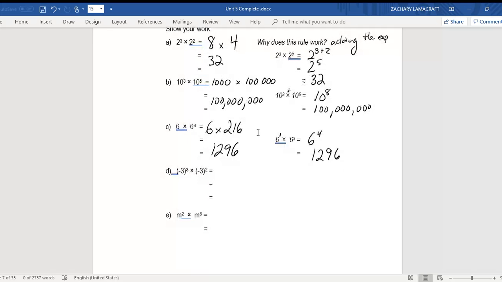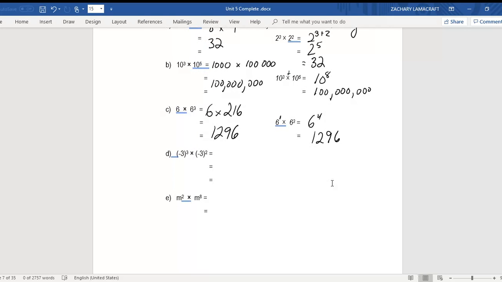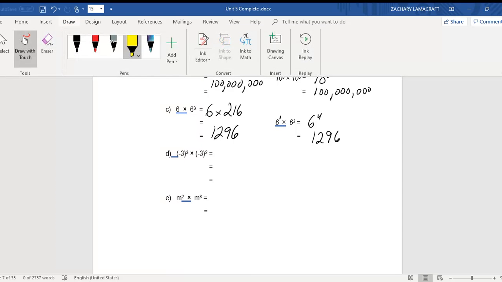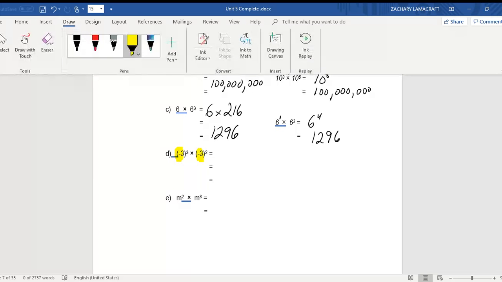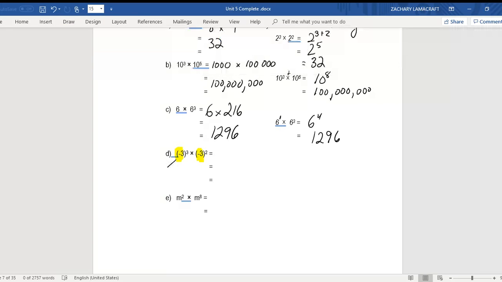Okay. Moving to the next example, things are a little trickier because we've got this negative number right here and right here. So we're going to break down what that looks like. Negative 3 to the power of 3 would be negative 3 times negative 3 times negative 3.